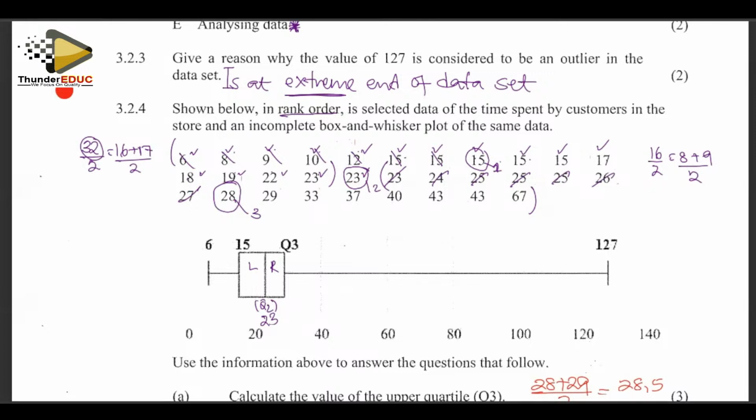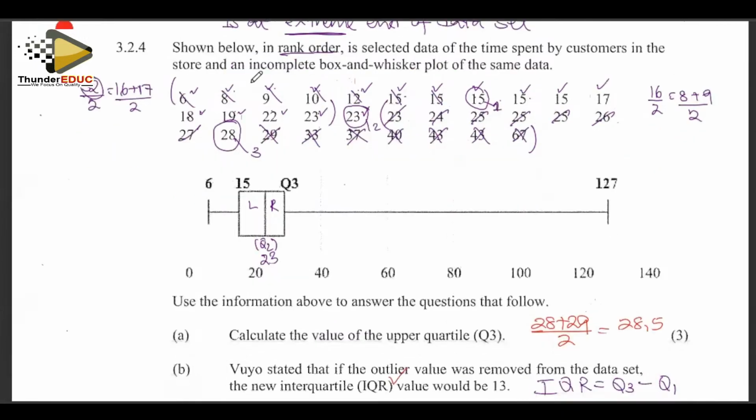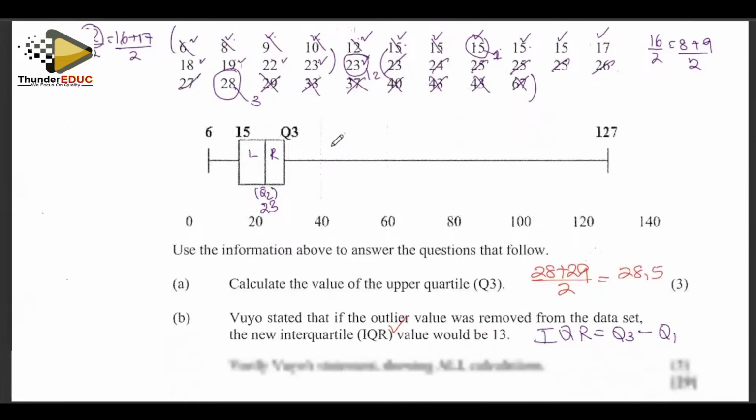Because now we have 7 on both sides, we count 1, 2, 3, 4, 5, 6, 7. So now we come down, and remember, we are proving whether the IQR will become 13.